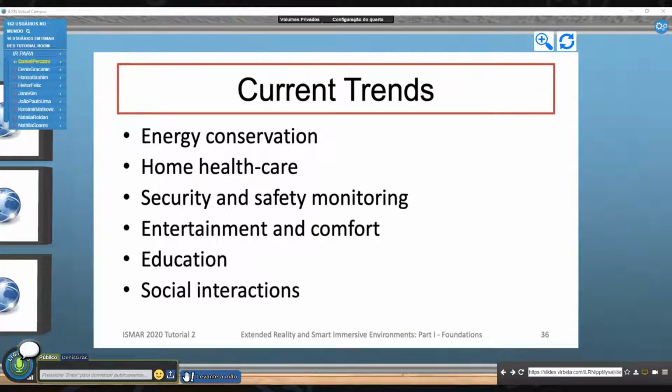So we can use the smart environments for education and also to promote social interactions, either collocated or distributed.